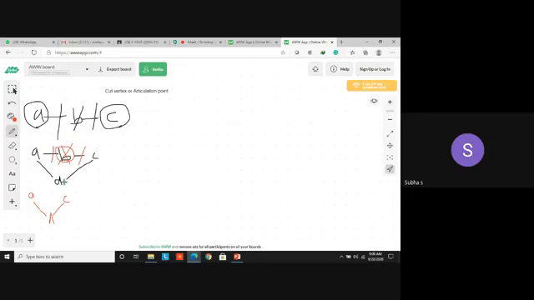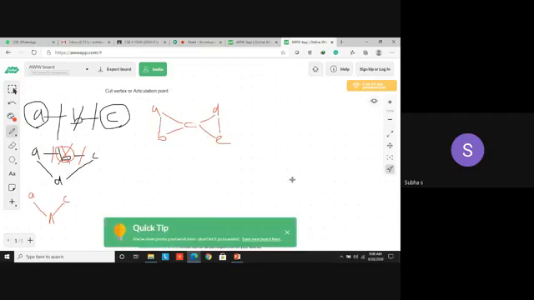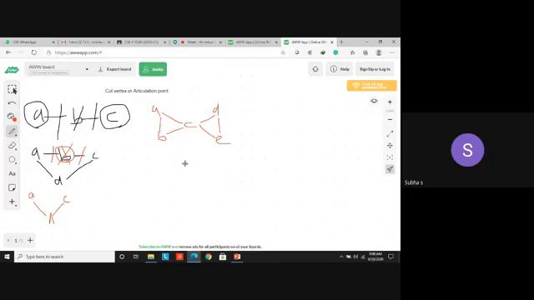So let's move with another example. The same thing we can draw in a further way. So A, okay, I'm having B. You have to tell what is the articulation point here. Now tell me, is there any articulation point in this graph?